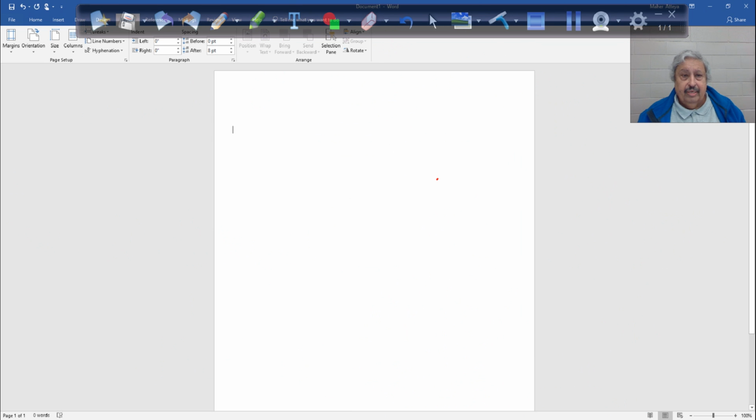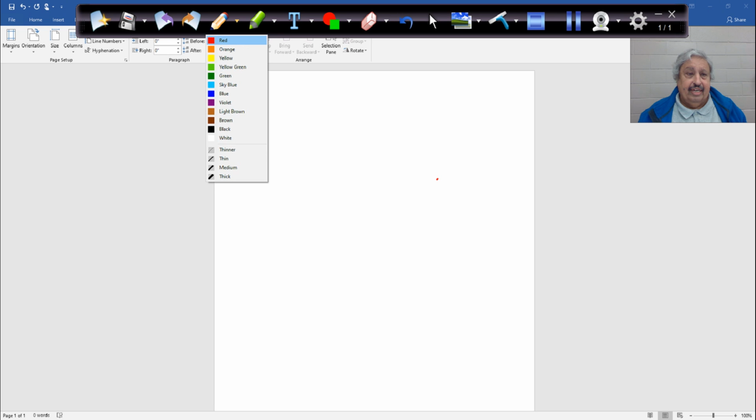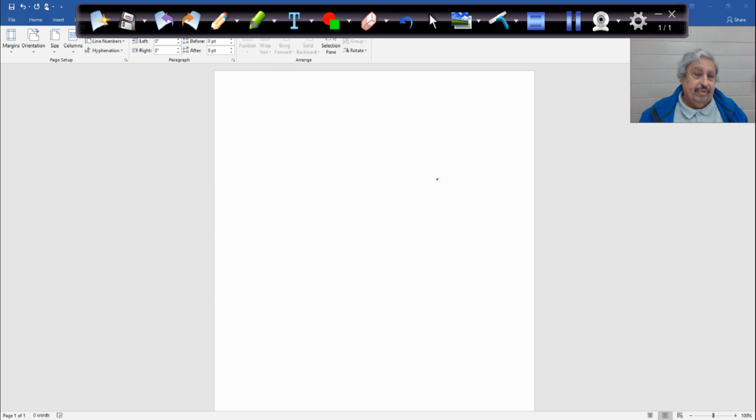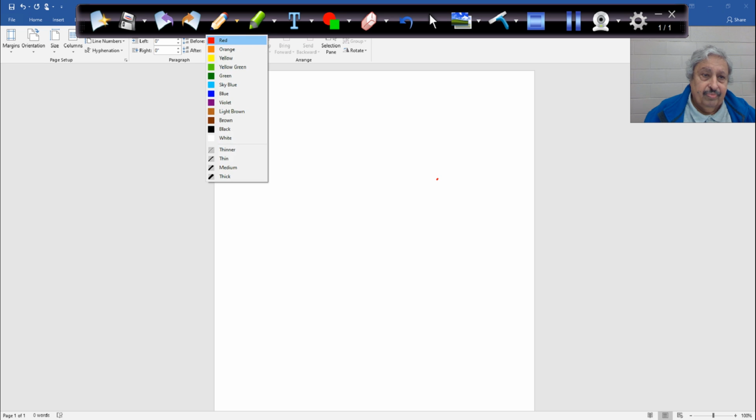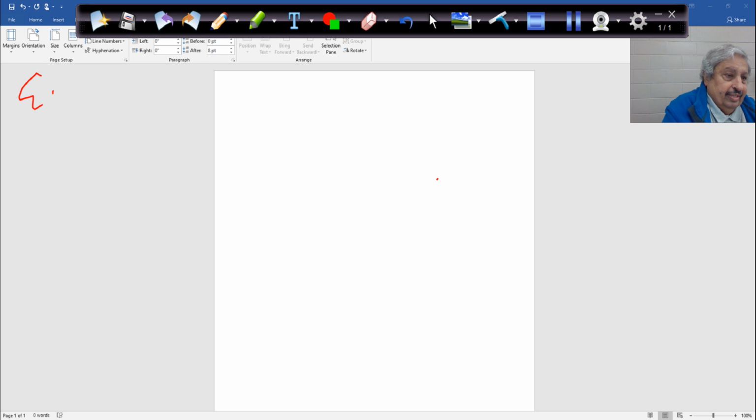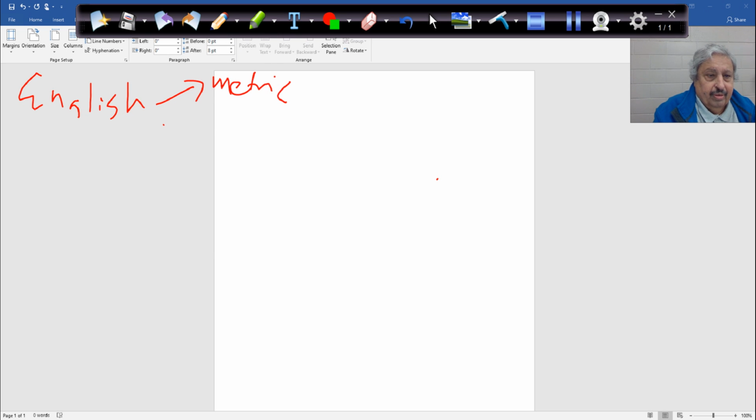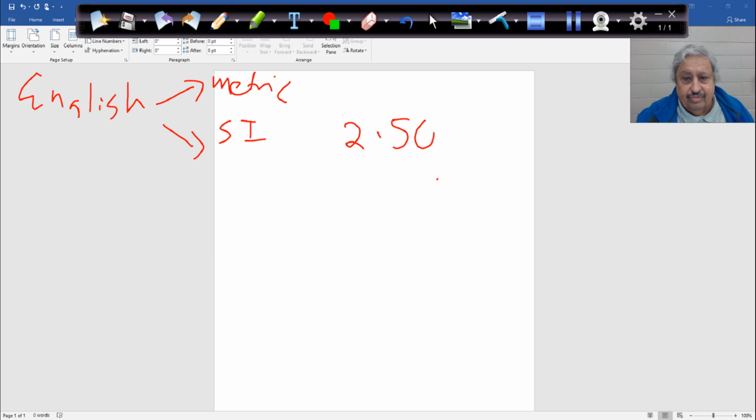I'm taking the English one, going from English to both metric and the SI units. So for the length, for example, I have 2.50 miles.